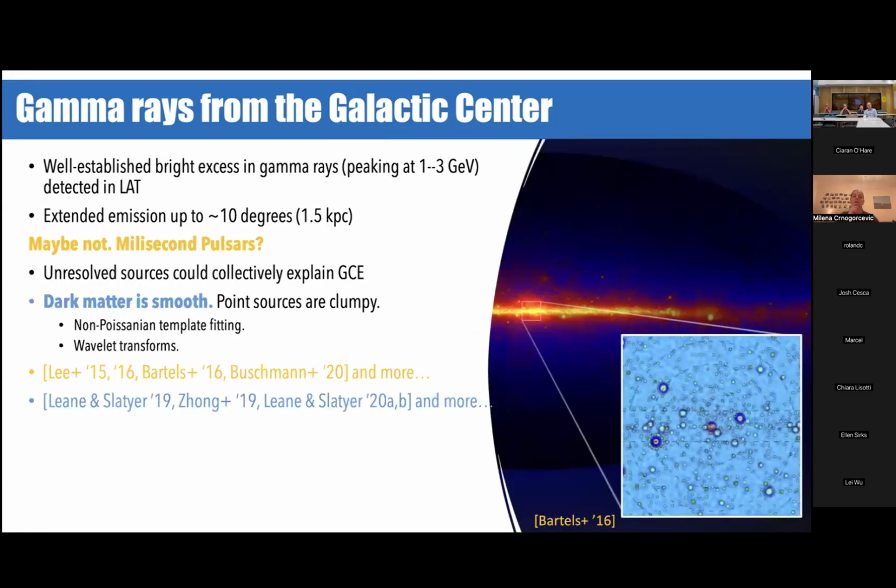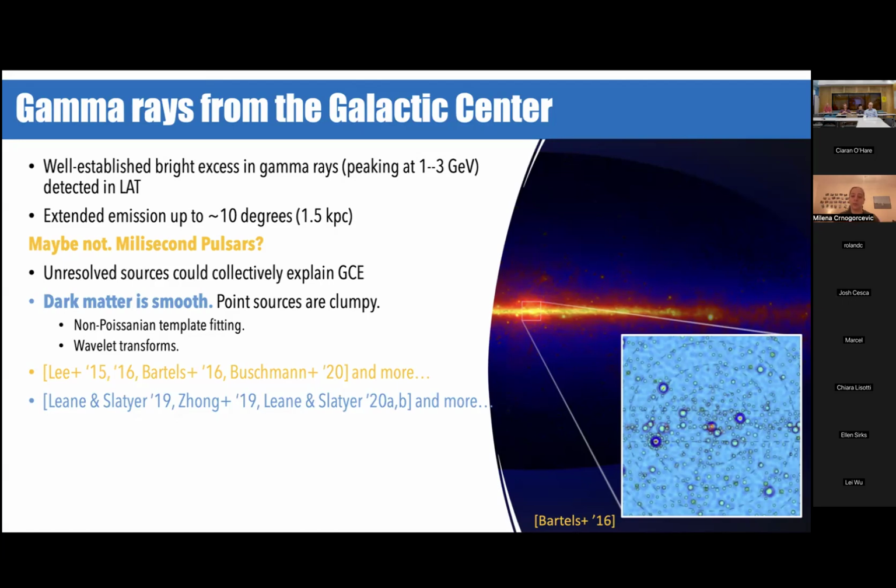However, we don't necessarily have to resort to new physics in order to explain this. There's almost kind of a two-team division between the groups that argue for a dark matter explanation of the galactic center excess, as well as groups that argue for the emission from the populations of unresolved sources that we already know exist.